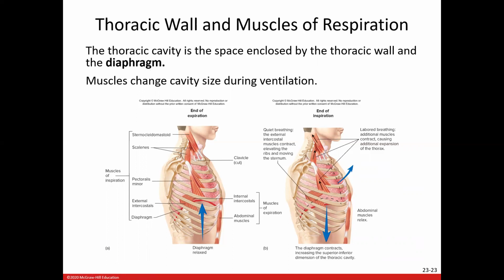When you utilize ventilation, so just breathing in or breathing out, there are going to be changes to the diaphragm as well as those surrounding rib bones to accommodate air moving in or air moving out. So when you inspire, which just means take air in, what's going to happen is that diaphragm is going to contract and lower itself down.